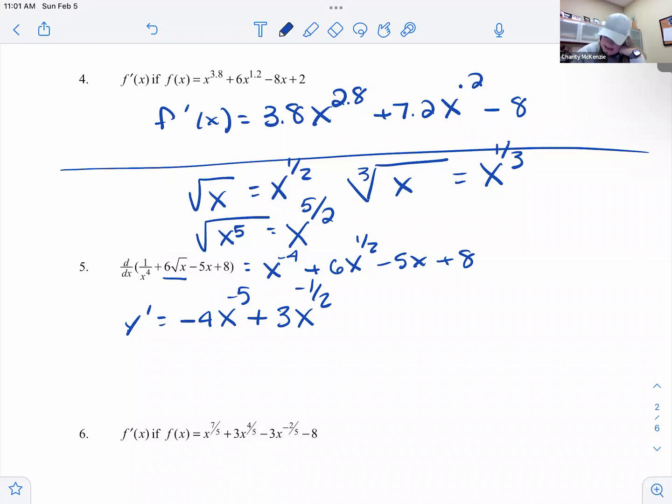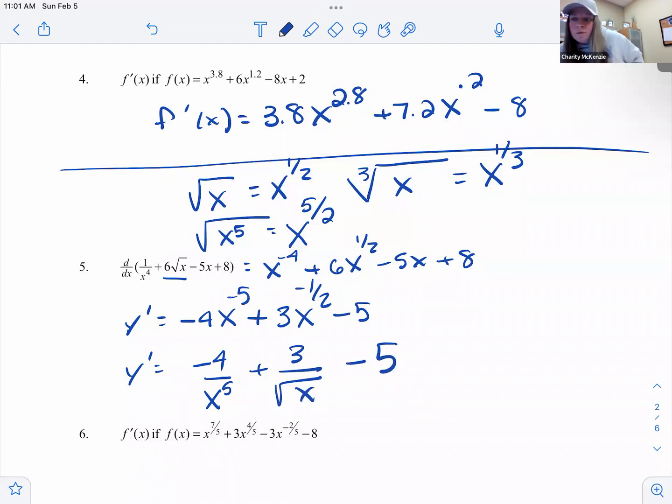And then this -5x becomes -5, 8 drops off. So we can rewrite this one: -4 over x to the 5th plus 3 over the square root of x minus 5. You should know both of those answers are correct.